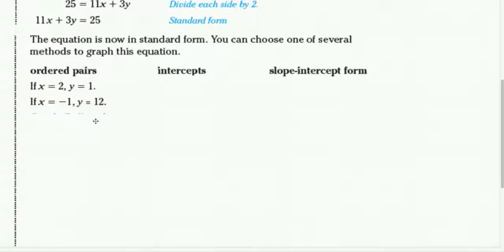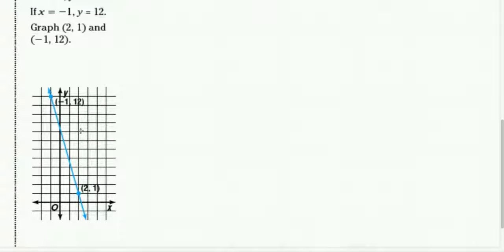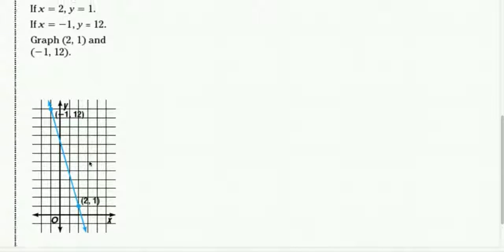You can use any points you wish, but these 2 points are just for example. If we graph (2, 1) and (negative 1, 12), you end up with this particular line right here. That's one way of graphing it.